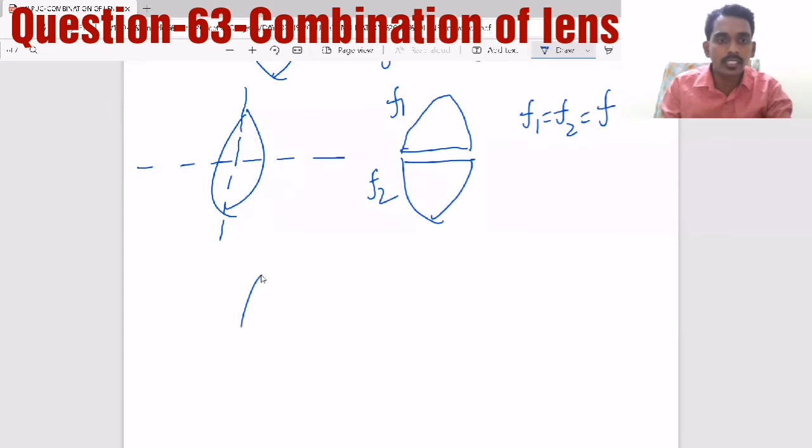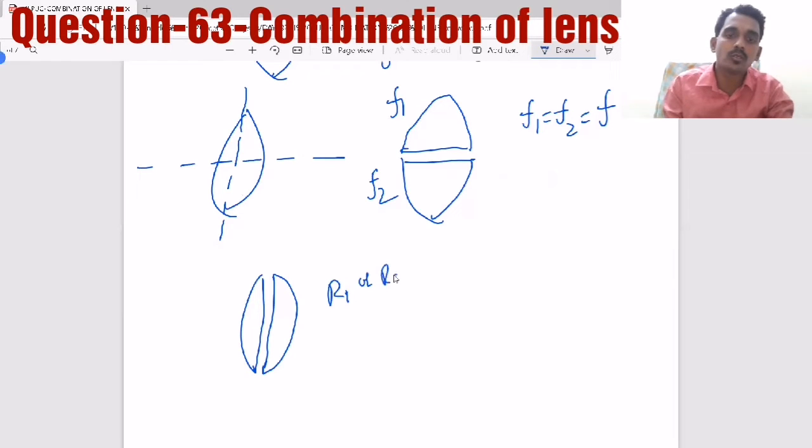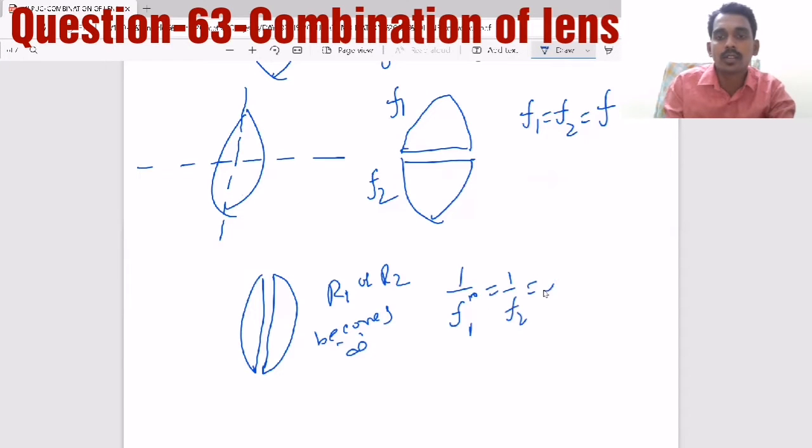But when you cut it like this, then one of the surfaces becomes plane. That means r1 or r2 becomes infinity. So that the effective 1 by f1 or 1 by f2 will become mu minus 1 into just 1 by r.